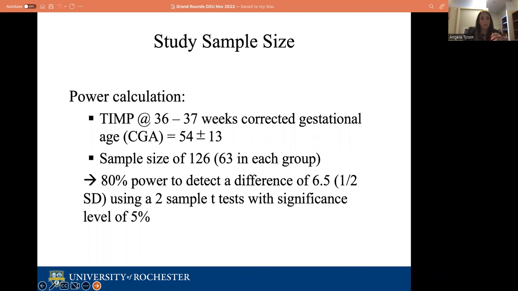When you are statistically designing a study, you are going to do what's called a power calculation in a clinical trial. A power calculation is done by a statistician, and it looks at how many patients you would need to have to detect some kind of significant difference in your outcome population.